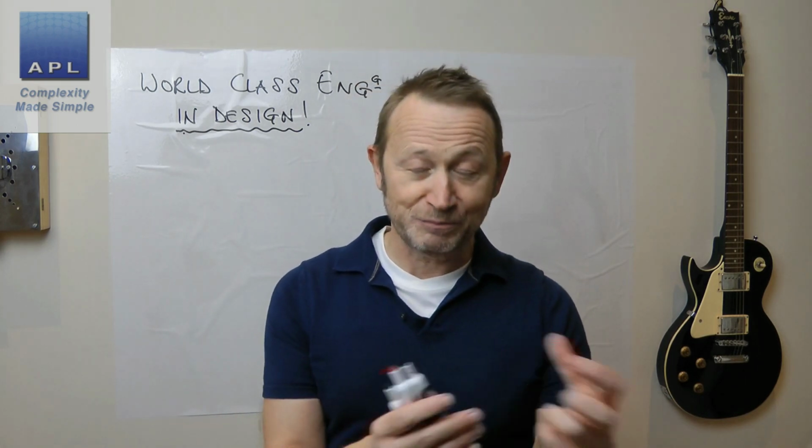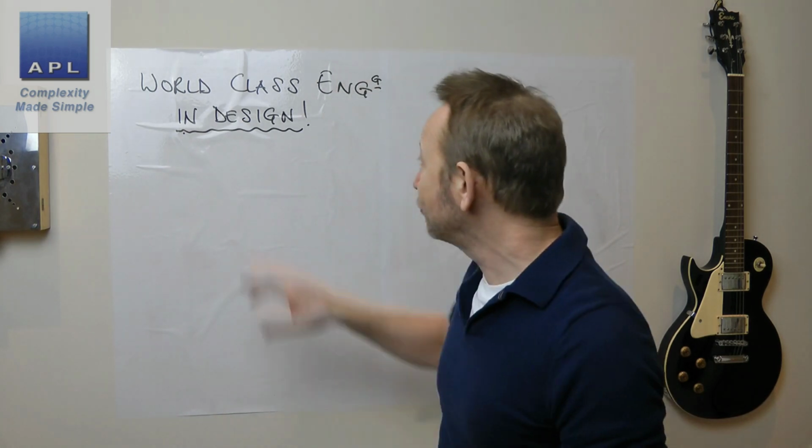So let's use a little example. It's very simple. I'm obviously making up some of these comparisons, some of these examples, simply to show you how powerful Six Sigma could be in a design situation. So we are going to imagine that we are designing an electric motor.